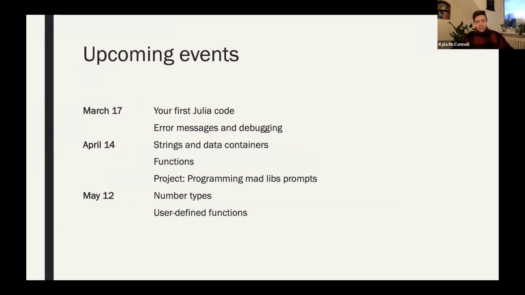And then, the nitty gritty of the coding part, we're going to start with a little bit in our upcoming events. So we are doing this once a month, always on a Thursday night at the same time, nighttime for us. The next one will be on March 17th. Then we have one on April 14th and May 12th. Those are all already scheduled on our meetup page, but you'll get a little reminder about them when they're announced.